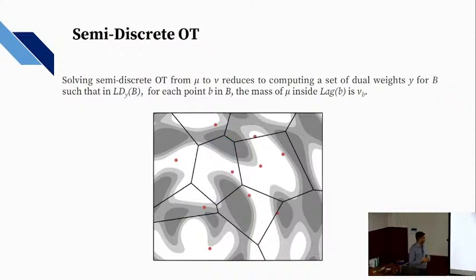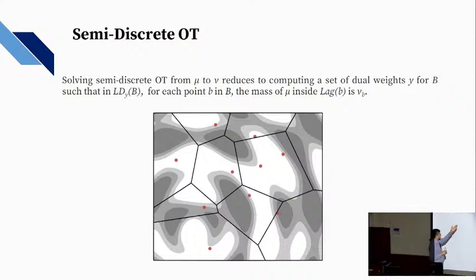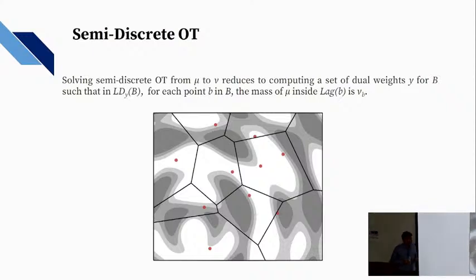Okay, so what's interesting is that solving semi-discrete OT reduces to computing a set of dual weights for the points in the support of the discrete distribution, such that the following property holds.